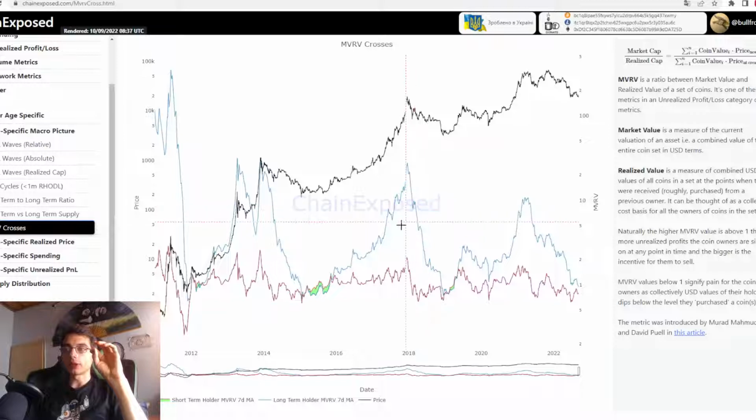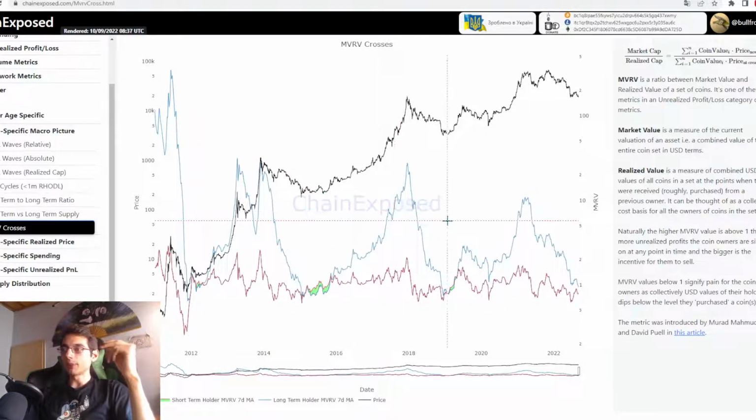Long-term holder MVRV, you can see it yourself right here, is just the difference between the market cap and the realized cap, essentially, so that you know the profitability you have in these cohorts.